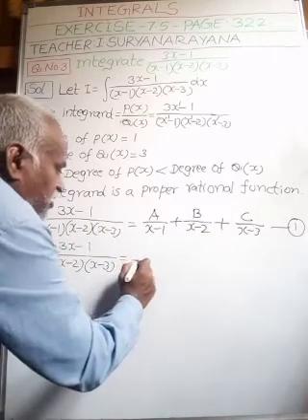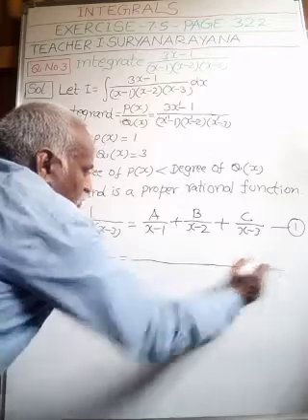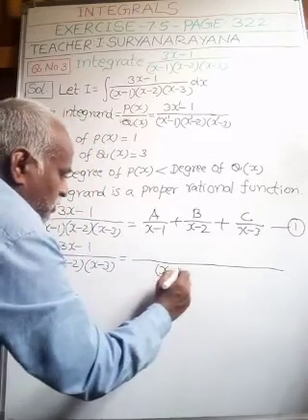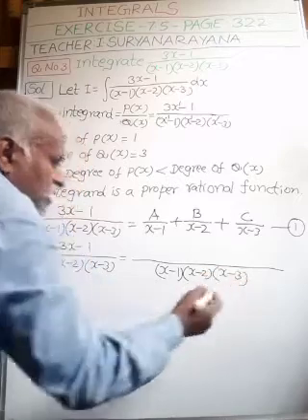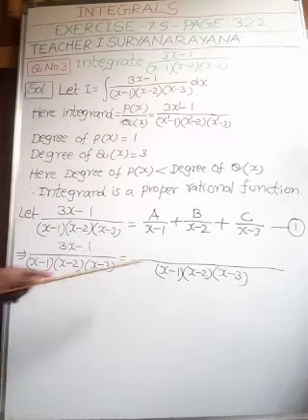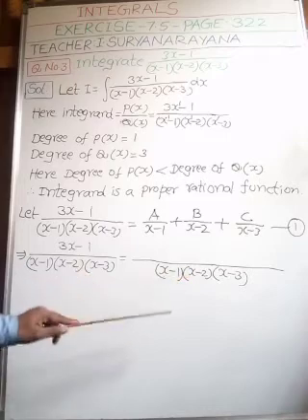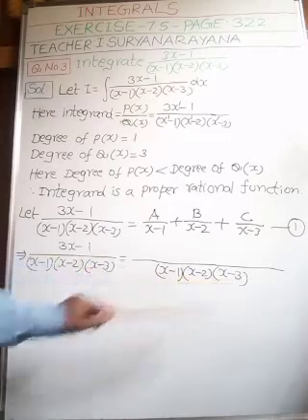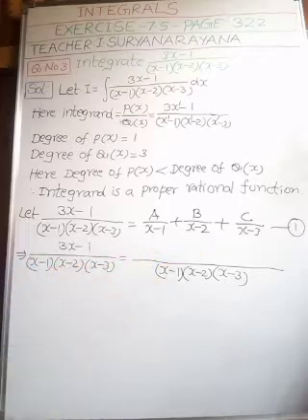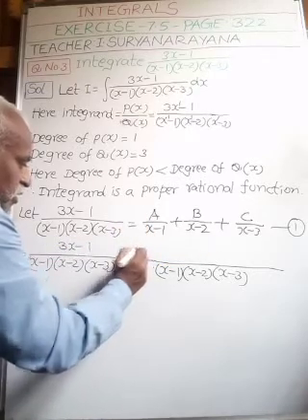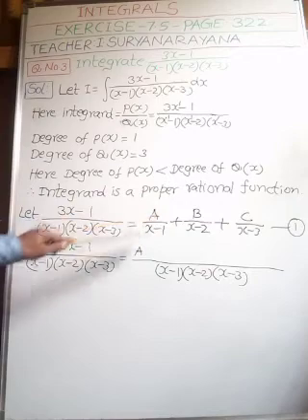What is the LCM of the denominators? X minus 1 into x minus 2 into x minus 3. Okay, my children, understood this LCM of these 3 denominators? X minus 1 into x minus 2 into x minus 3.